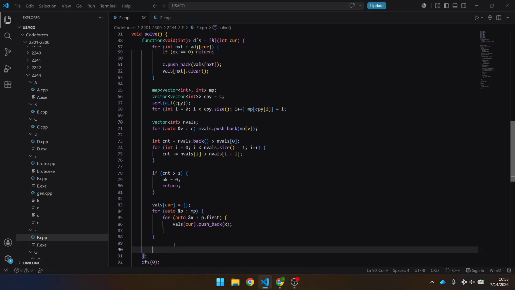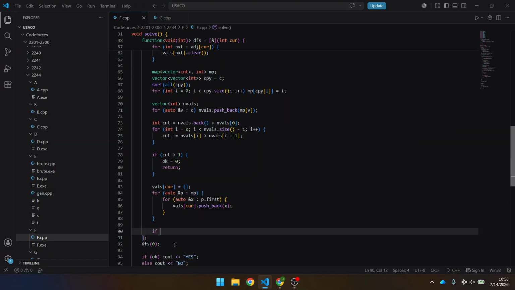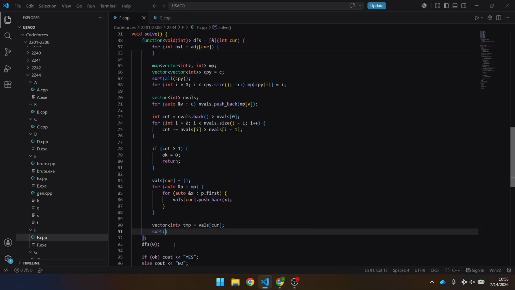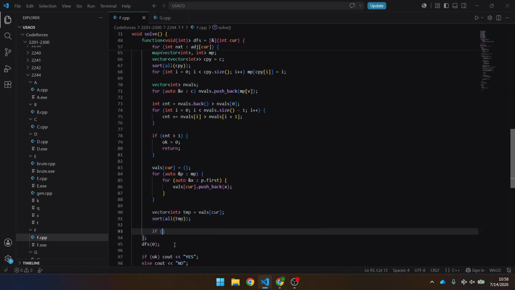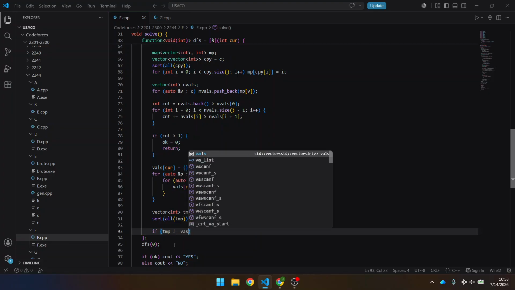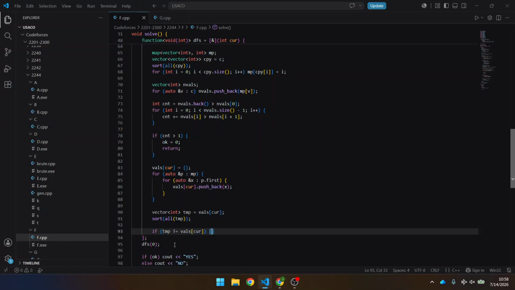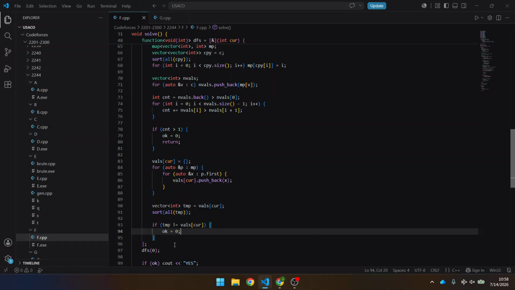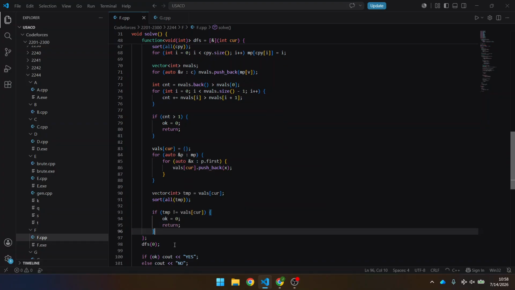So vals cur, vector int temp is equal to vals cur, sort all temp. If temp is not equal to vals cur, okay, 0, and we can return. Yeah, because it has to be sorted.